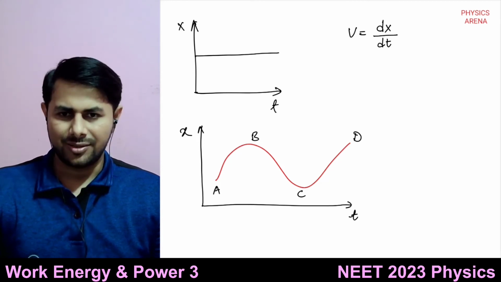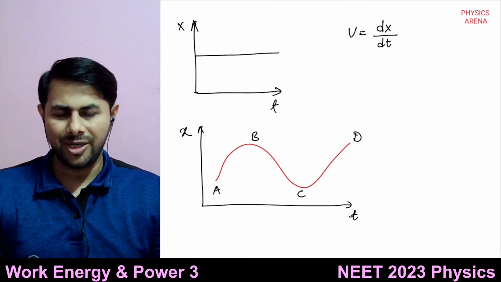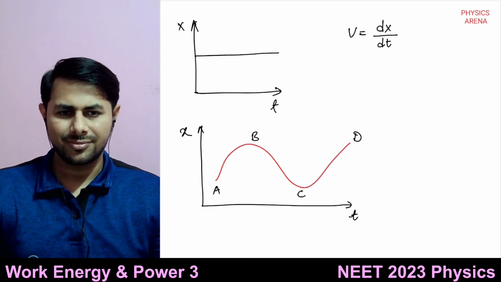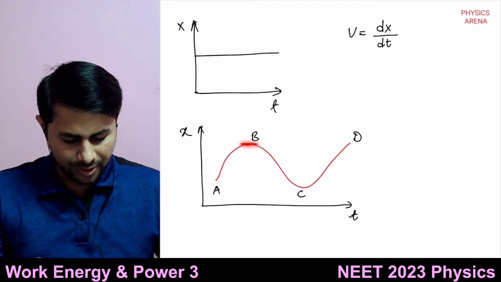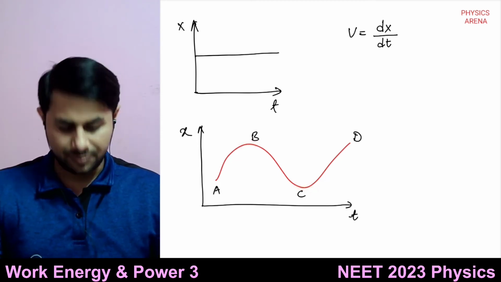At point C. And what about B? At point B also, because slope here is zero, slope here is also zero, right?